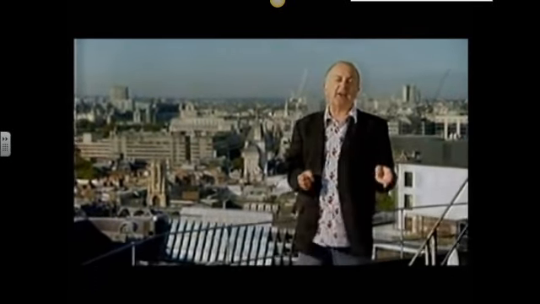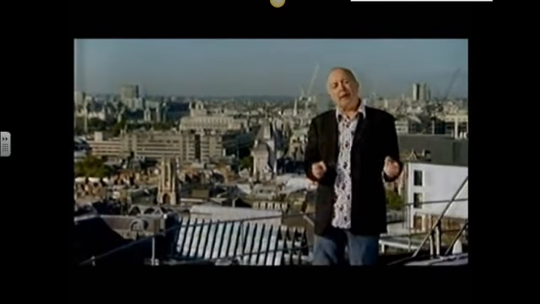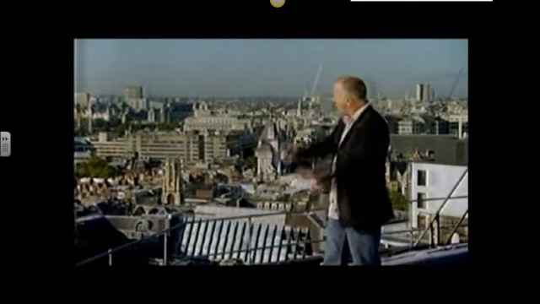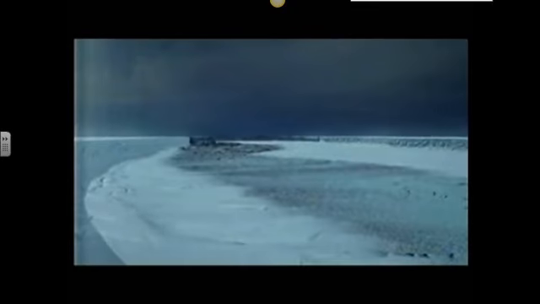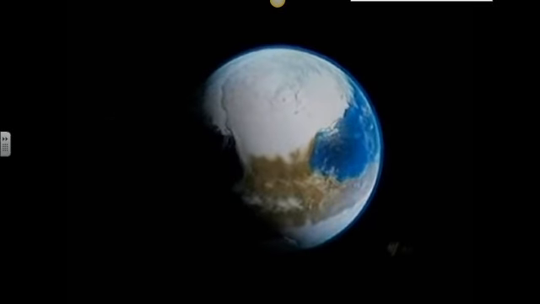At the height of the last ice age, ice sheets covered around a third of the planet, and all of this would have been buried under hundreds of feet of ice. But factors like orbit and rotation aren't enough to explain ice stretching right down to the equator. That must have taken something far more dramatic.